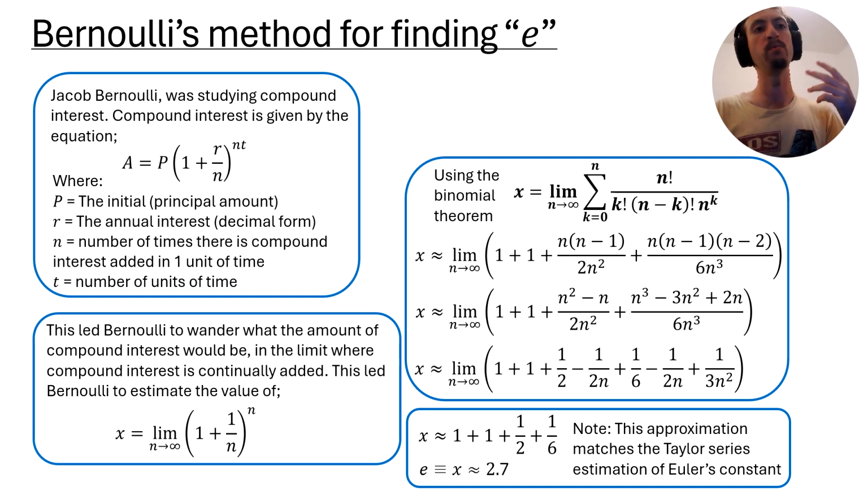So we would expect, based on the fact that compound interest is interest essentially on top of interest, that the rate at which interest increases is going to be proportional to the amount in the account.